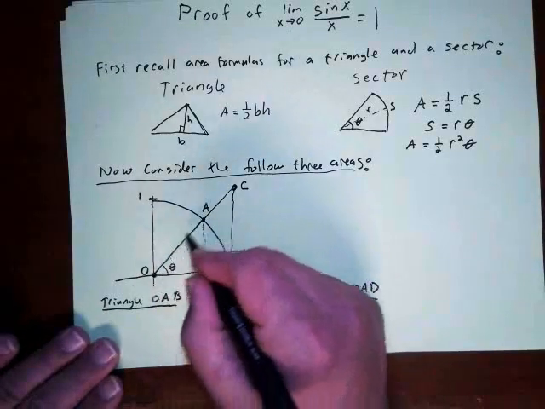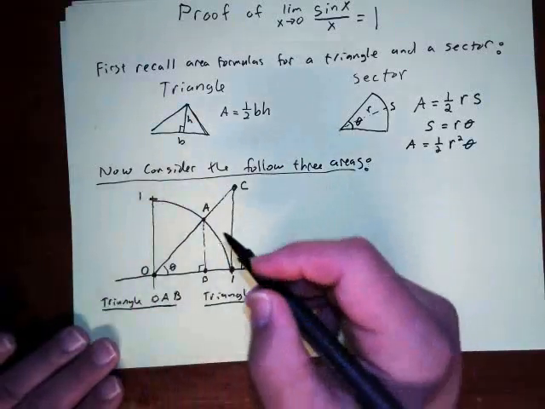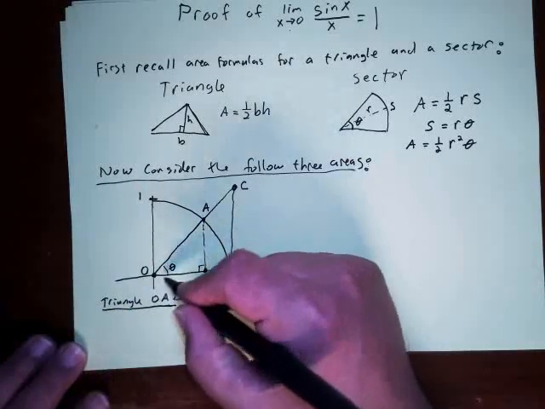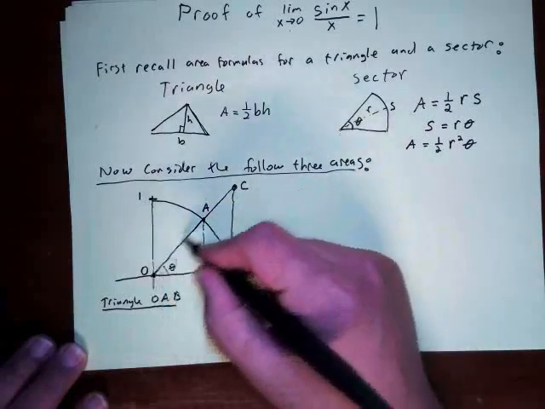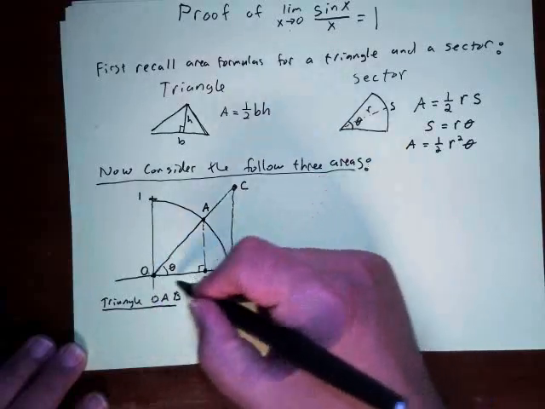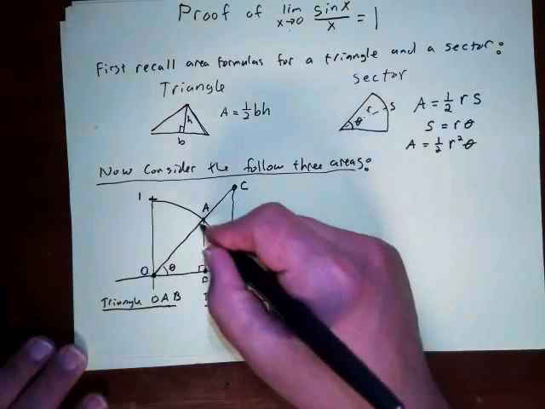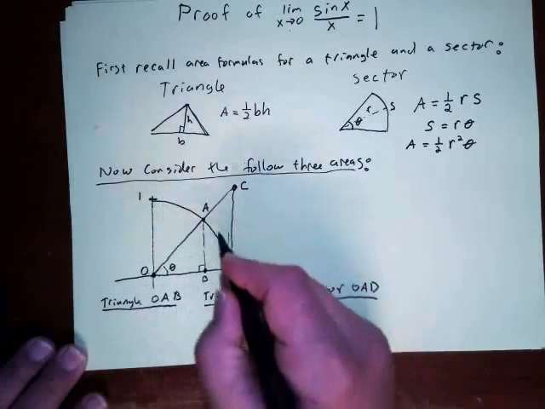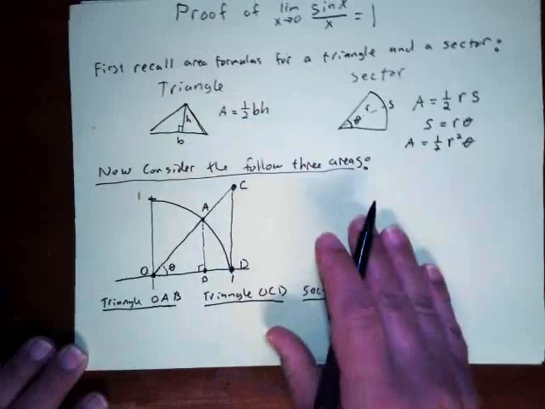We got two triangles and a sector. So it says consider the following three areas. One is the area of this triangle, OAB. One is the area of this big triangle, OCD, and then one is the area of this sector here. So this is a unit circle, by the way. This is the unit circle in the first quadrant, right?